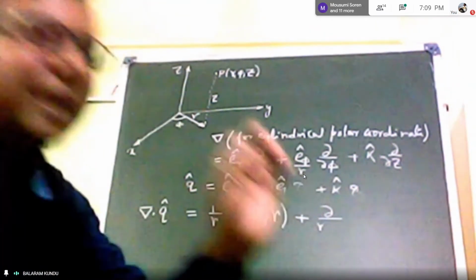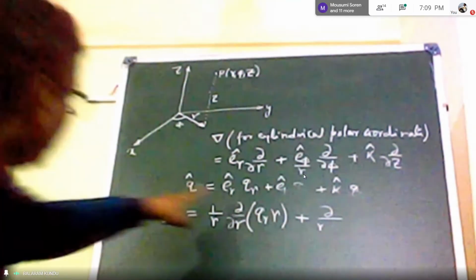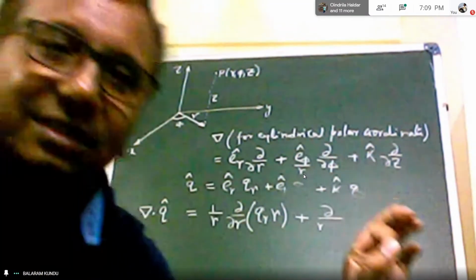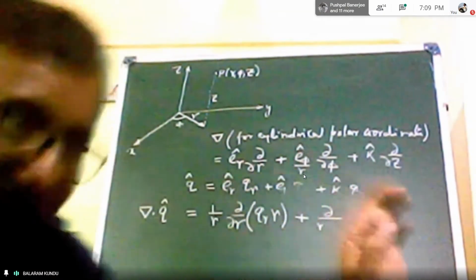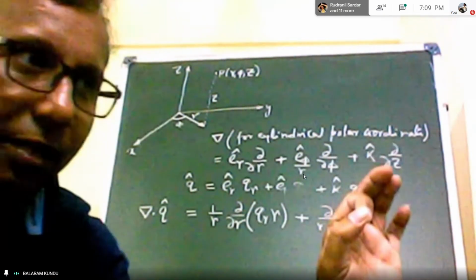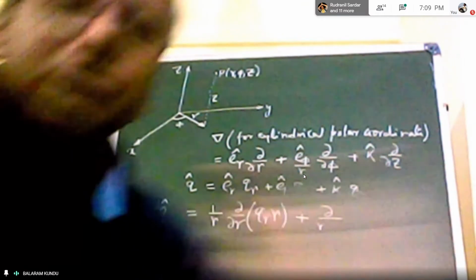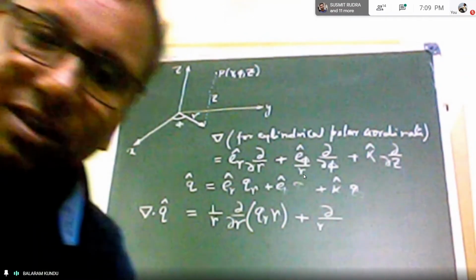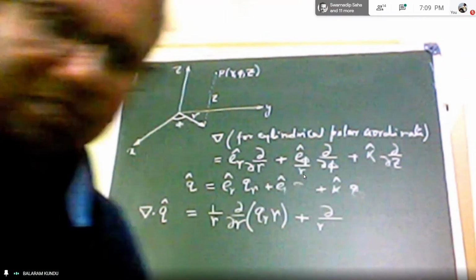We know the expression, because during the dot product, differentiation of er is necessary. If we know the nature of the unit vectors, then we can make the dot product, otherwise not. Okay, I know that expression. Since time is short I am not saying it, but I know these things. Okay.